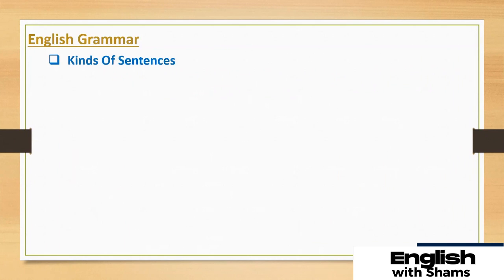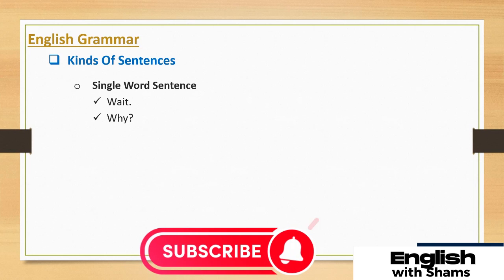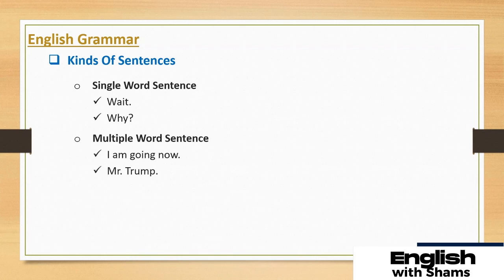Right. So then in English grammar, kinds of sentences we will be discussing in detail, like single word sentences, for example, wait, why. So these are single word sentences. Then multiple word sentences, where multiple words are used.